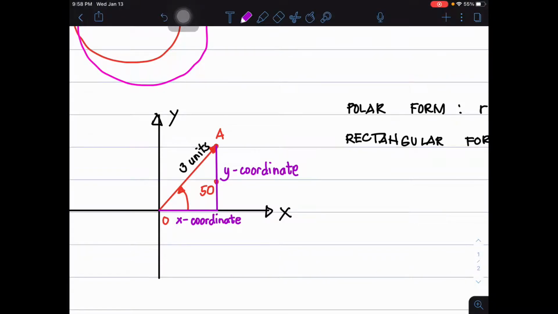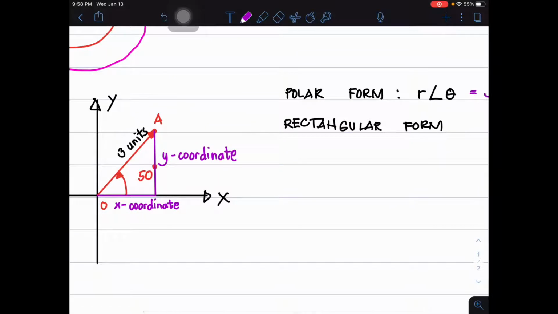Rectangular form is expressed as xi hat plus yj hat. Actually, it is properly expressed as ai hat plus bj hat, wherein a is the measurement of the x coordinate and b is the measurement of that vertical line.